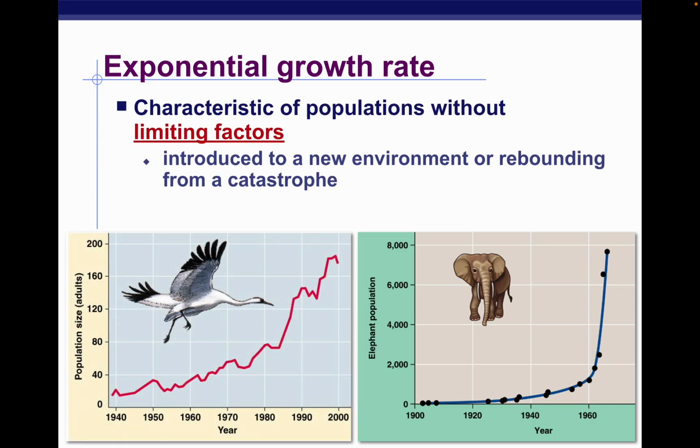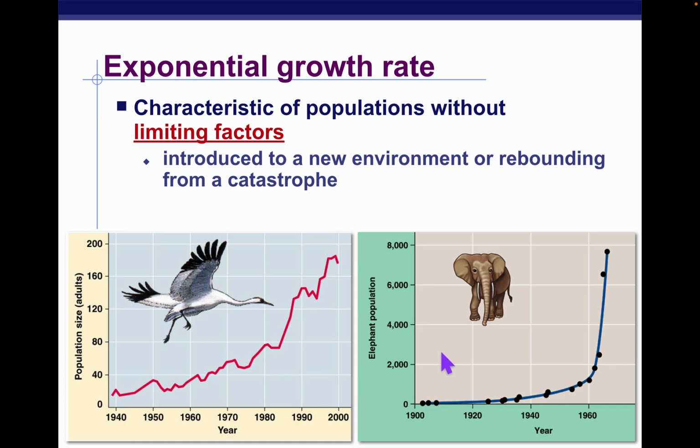So let's take a look here. Characteristics of populations without limiting factors. So the J-shaped curve of exponential growth is characteristic of some populations that are either introduced to a new or unfilled environment, or whose numbers have been drastically reduced by a catastrophic event and they're rebounding. So the graph on the right is showing us the population that occurred in elephants in Kruger National Park in South Africa after being protected from hunting.